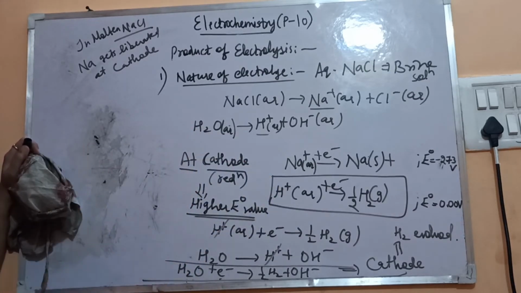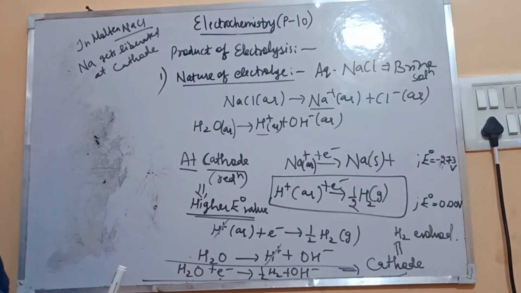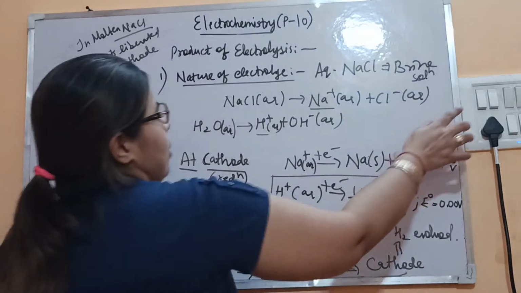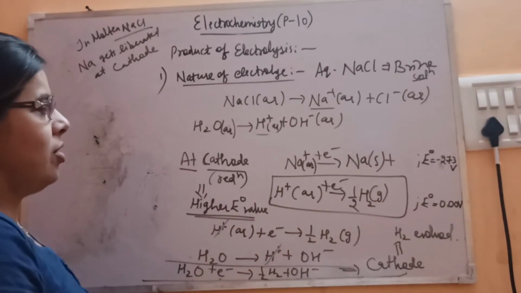Here two are there, so we have to decide which one will get liberated at the cathode. On the basis of E naught, you have to remember, higher E naught value means less discharge potential, it is having less tendency to discharge.